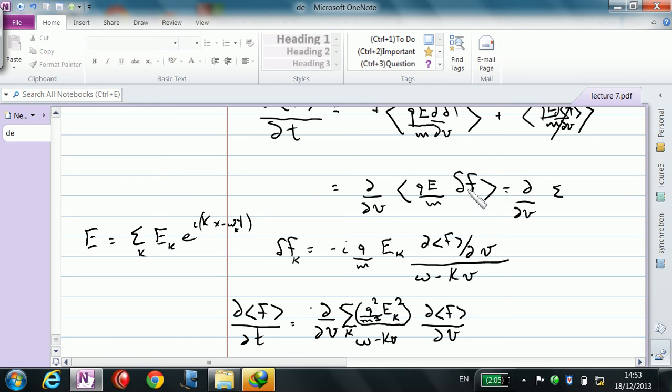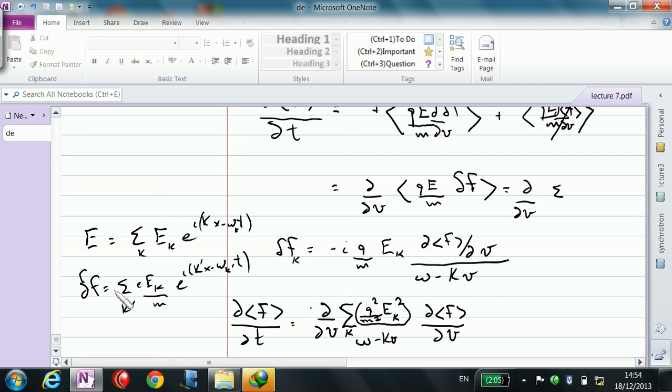And when I did delta F, I could have written it as the sum over k prime of E_k prime over m e^(i(k prime x - omega_k prime t)).